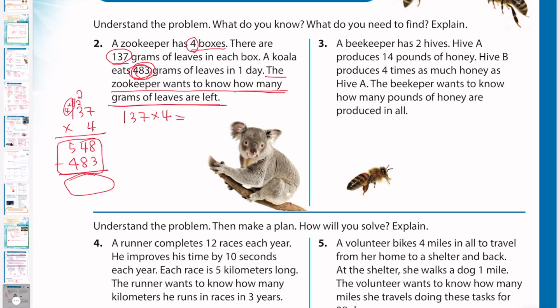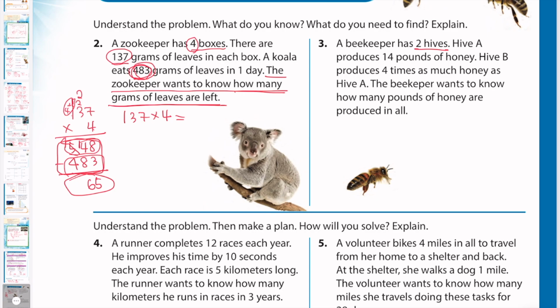This 548 is greater than 483. So the zookeeper has more than enough. Anyway, if you want to do it, 5 take away becomes 4, it becomes 14, take away 8, yes, 6.